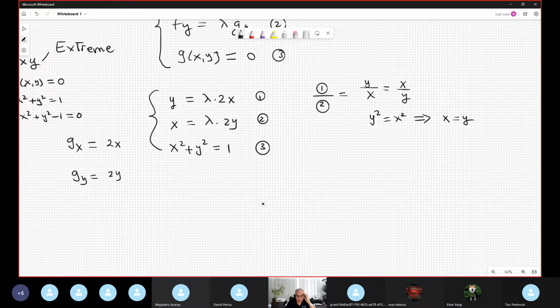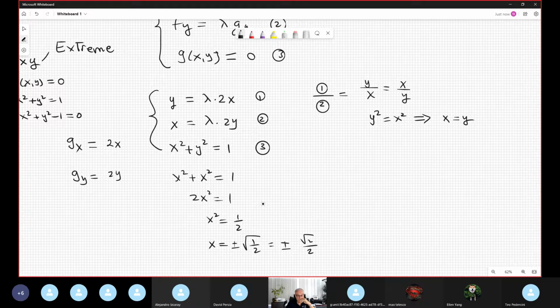So if this is the same, then I plug it into the third equation: x squared plus x squared, because x and y are the same, is equal to 1. 2x squared is equal to 1. x squared is 1/2. Therefore, x is plus or minus the square root of 1/2.